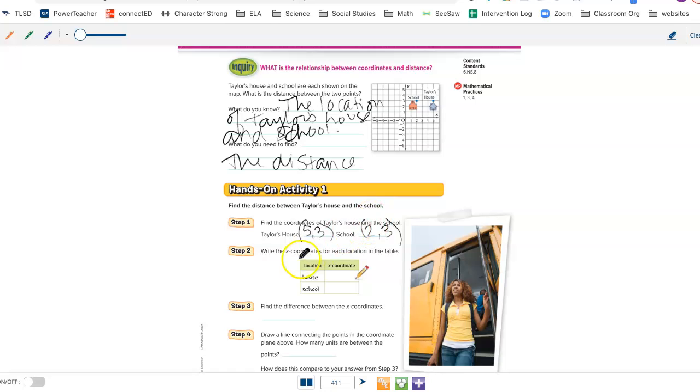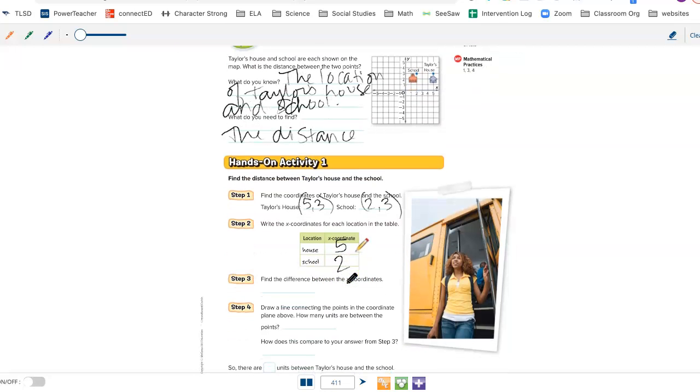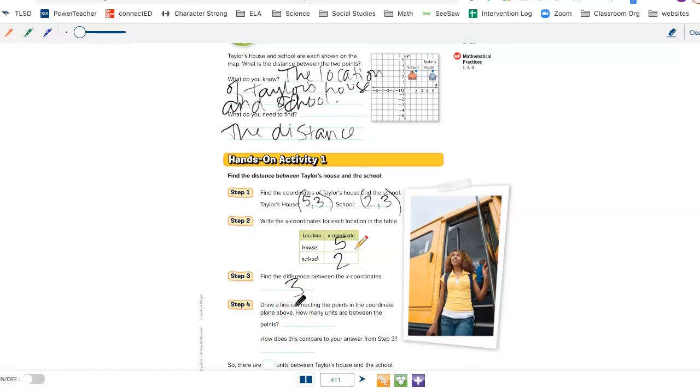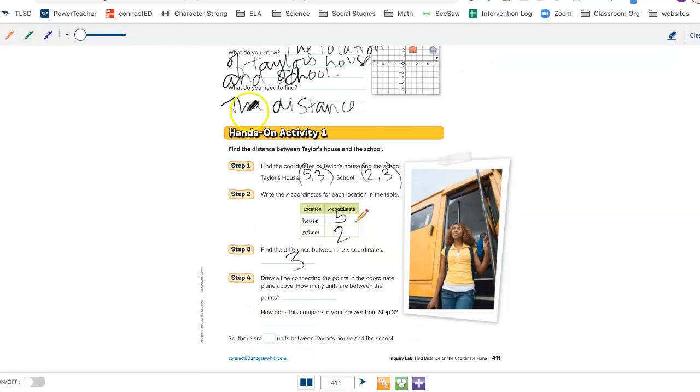So the x-coordinates for each location, we have the house, which is at 5, that's the x-coordinate, and the school, which is at 2. And then the distance between both of those is 3. We basically just subtract, so 5 minus 2 is 3. And then we need to draw a line connecting the points on the coordinate plane above.